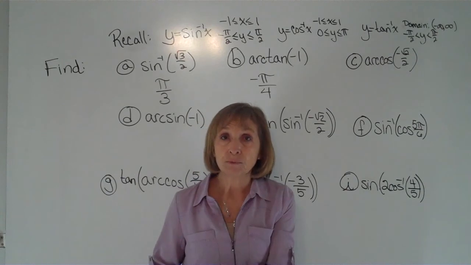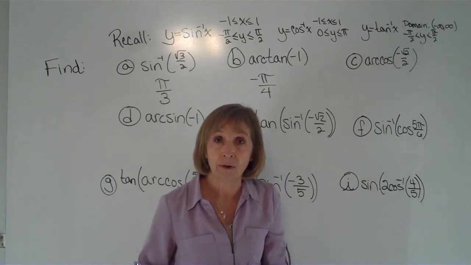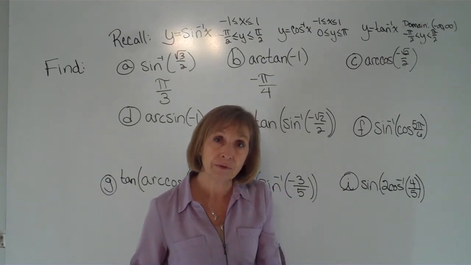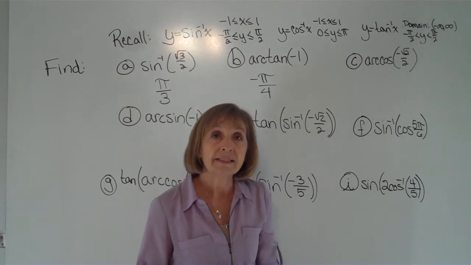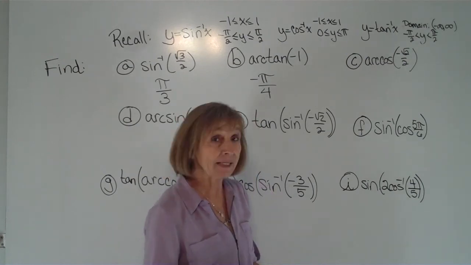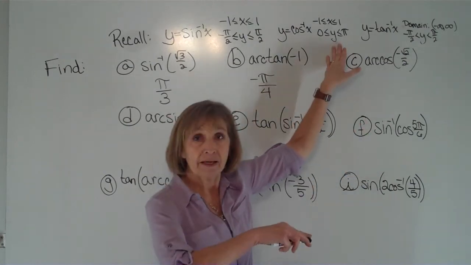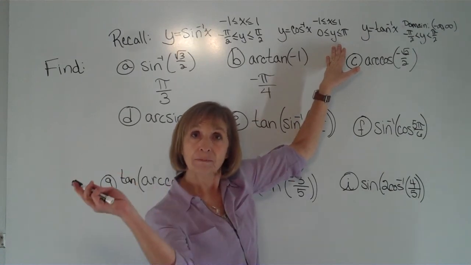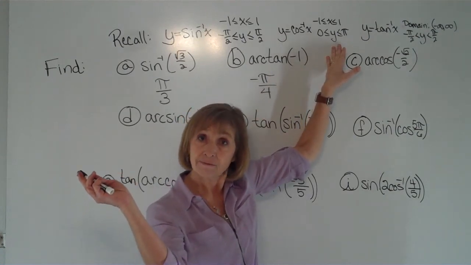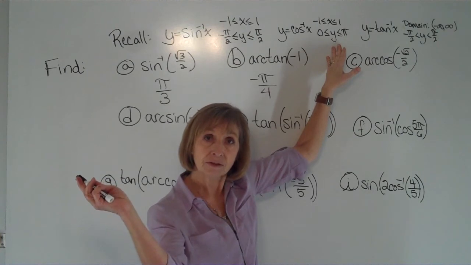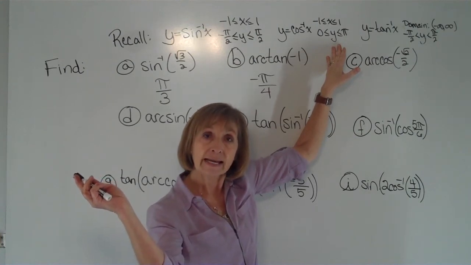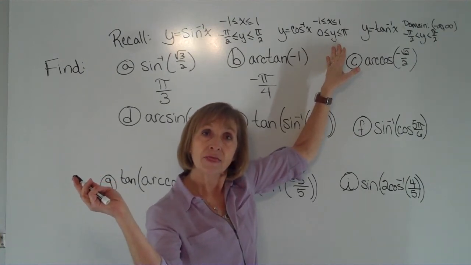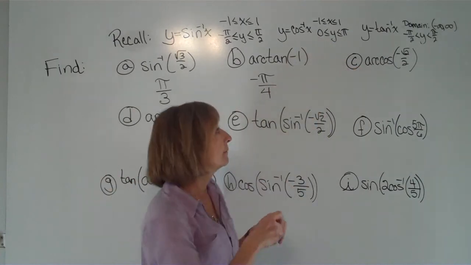Well, again, that's a reference angle of π/4 that would have a cosine ratio of √2/2. But to get the cosine ratio to be negative, and in the span from 0 to π, I would be in the second quadrant if I was thinking of the unit circle. And so that angle would be 3π/4.